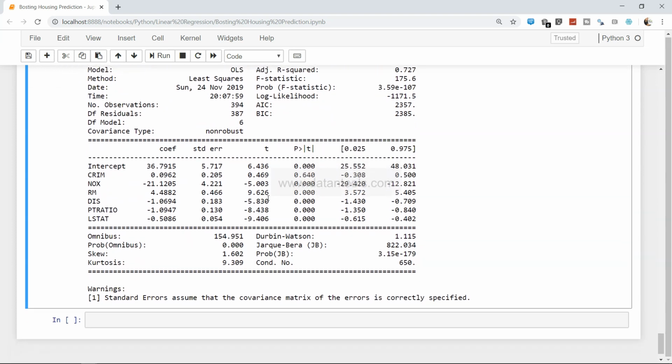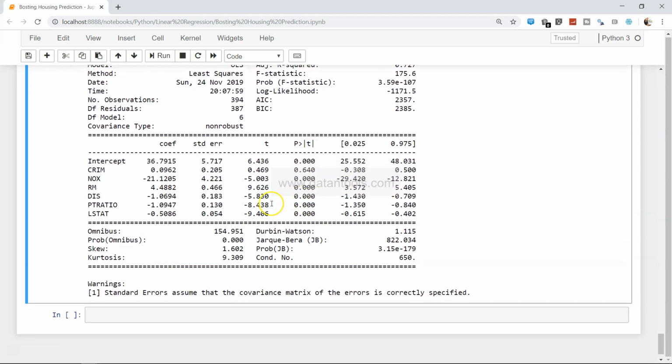So let's go ahead. This is what we get, and the intercept indicates a value of 36 over here, whereas these are the coefficient values. The coefficient for crime is 0.06, NOx is -21, indicating that if we increase this value, it will have a negative impact.